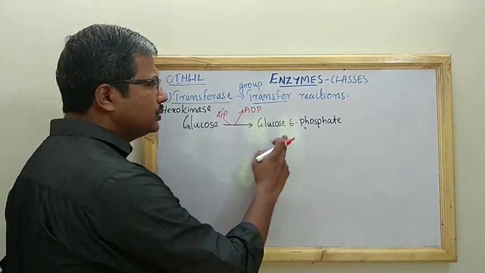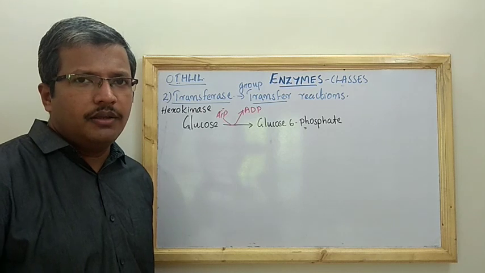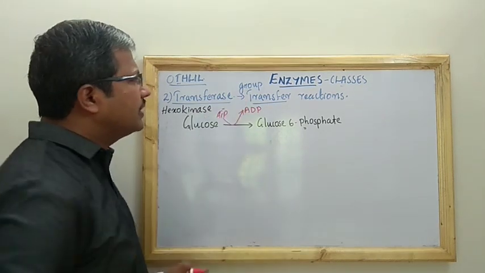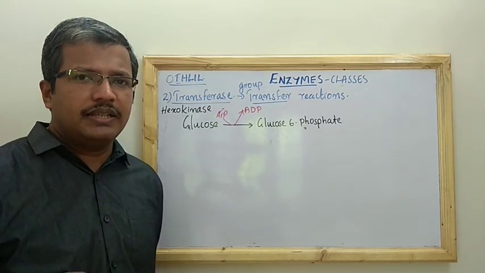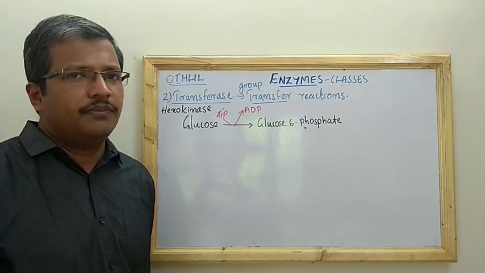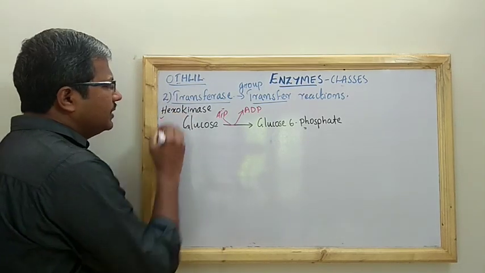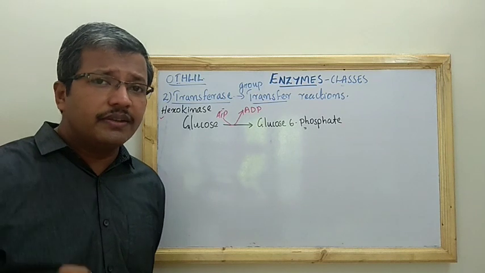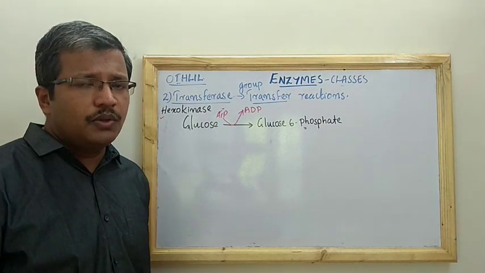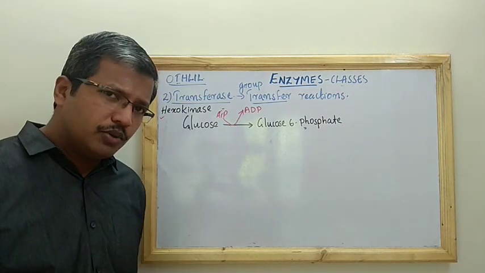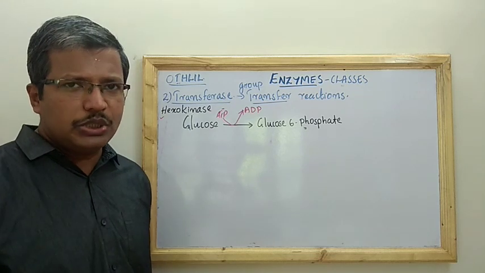As a result, glucose 6-phosphate is formed. This is an example of a reaction catalyzed by the transferase class, and the example enzyme is hexokinase. You will be learning a lot of enzymes under each class when you cover the metabolism of different macromolecules.